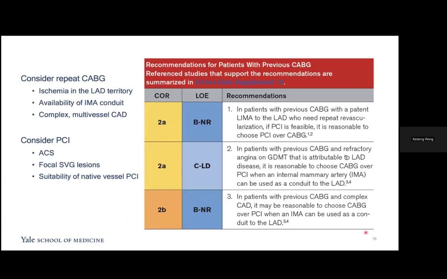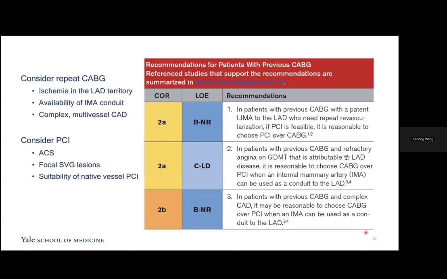So what is the most current guideline recommendation regarding repeat CABG versus PCI? One thing that we didn't address in either of those studies was whether or not you have an IMA conduit available, right? And which territories are ischemic.